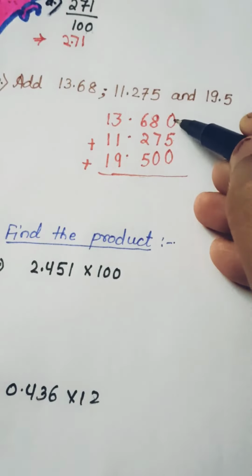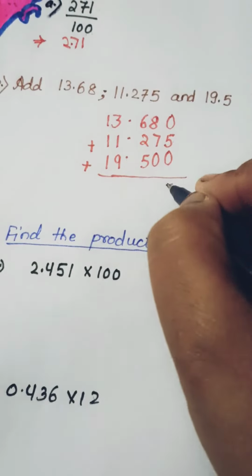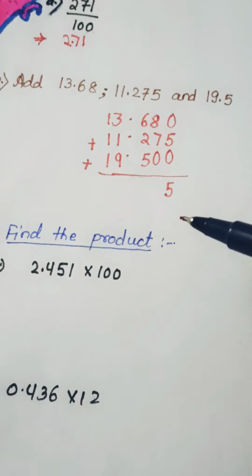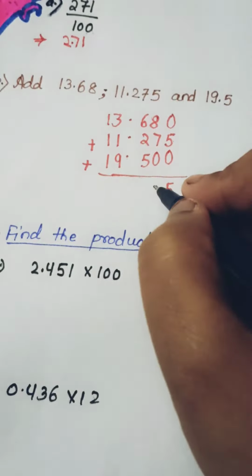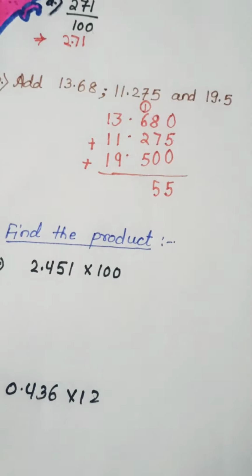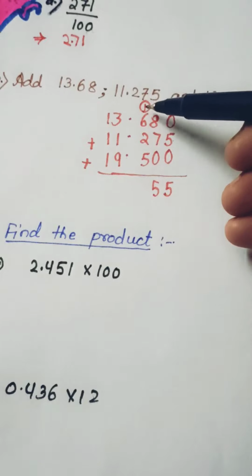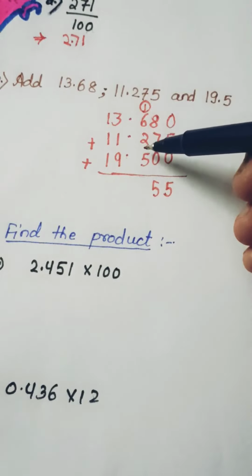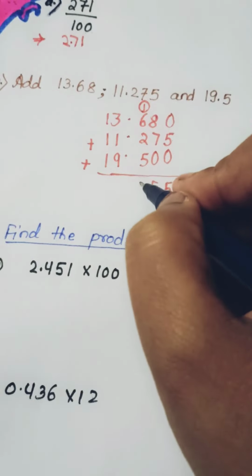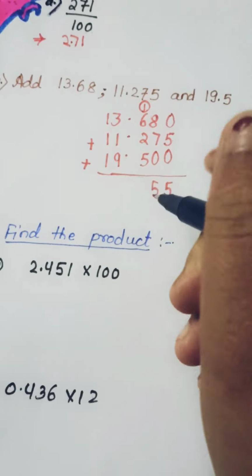0 plus 5 plus 0 will give us 5. Then 7 plus 8, 15. Write down 5 over here and 1 in carry. Then 6 plus 2 plus 1, 9. 9 plus 5, 15. Okay. 9 plus 5 is 14.